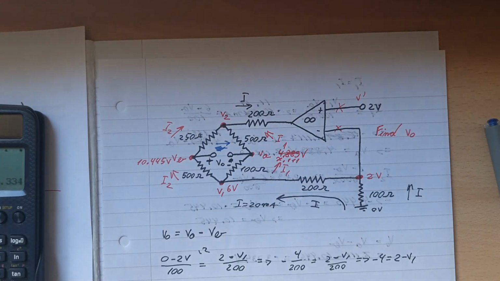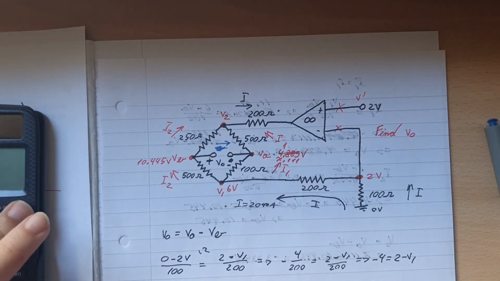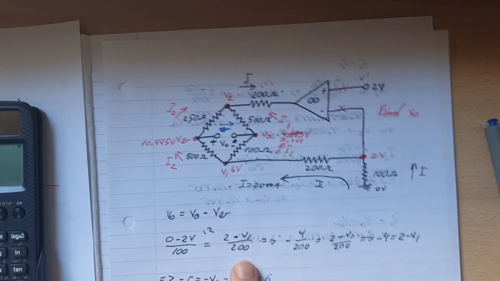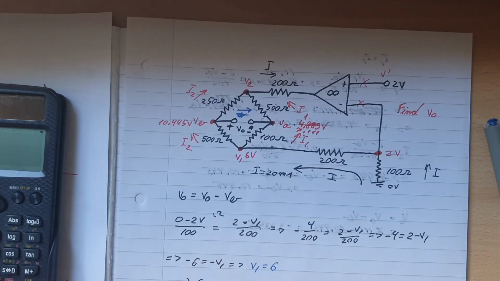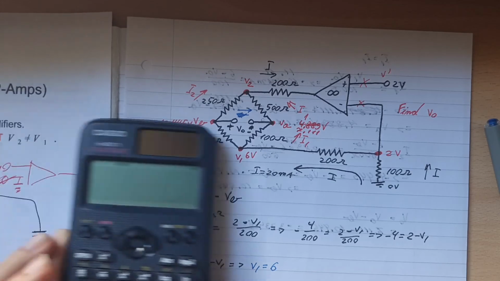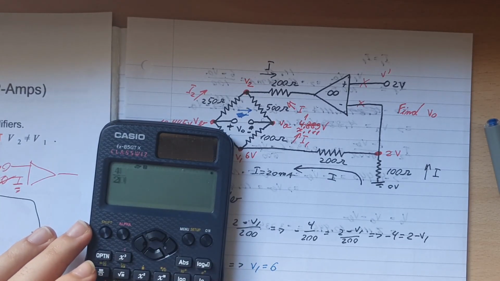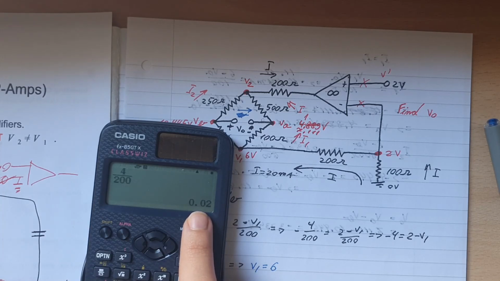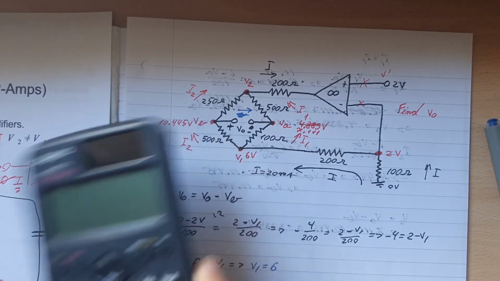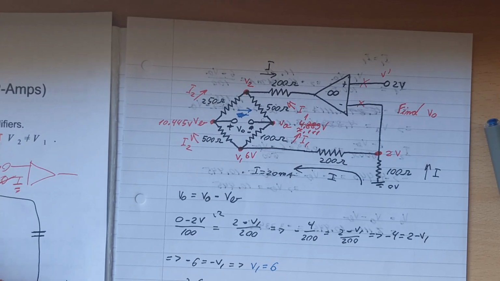I'm still wondering why I got only 20 milliamps. I guess I saw 4 over 200, I think that's 0.03, wasn't it? No. So let's check actually. 4 divided by 200, no, that's still 0.02. Where did I get the 30 milliamps from? Anyway, it's fine. We managed to see the mistake.